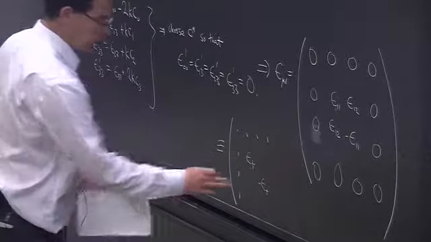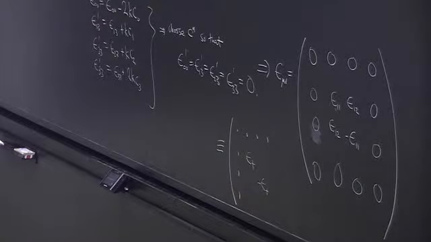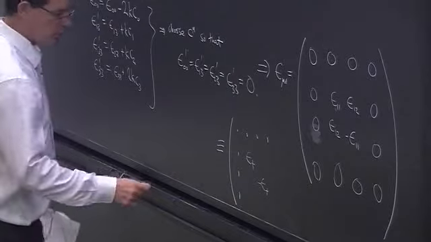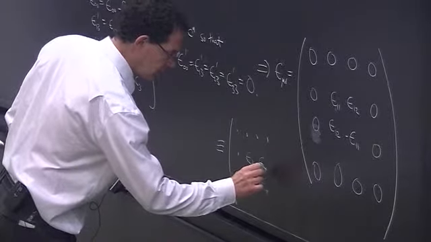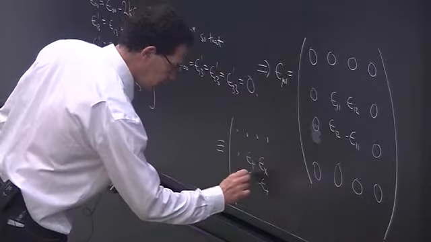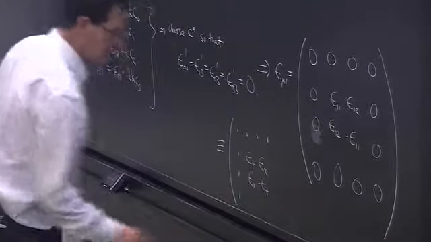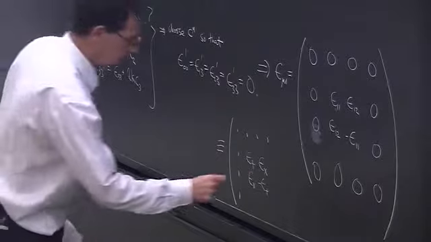This is the polarization aligned with the 1,1 and 2,2 axes. And then we're going to call the other one epsilon cross, because it involves both 1 and 2.